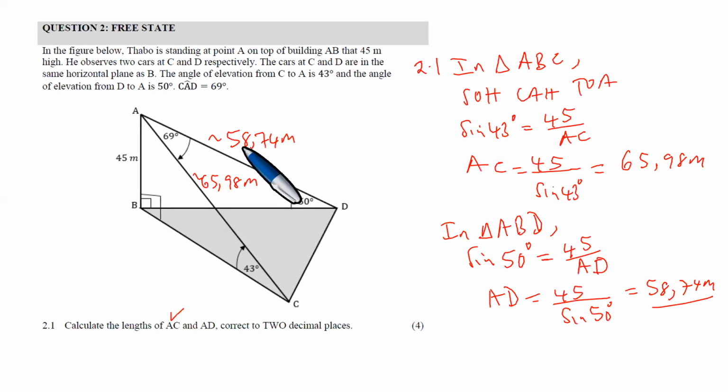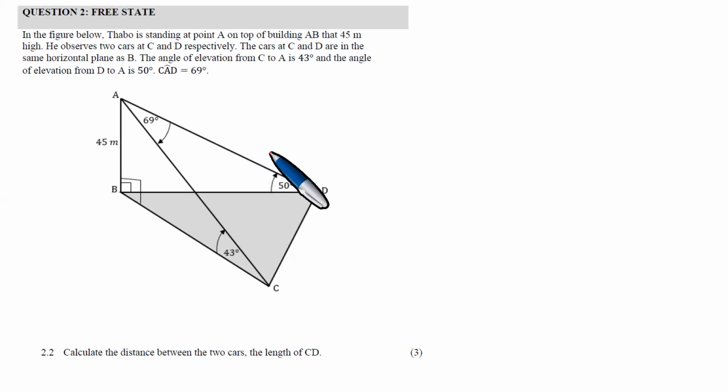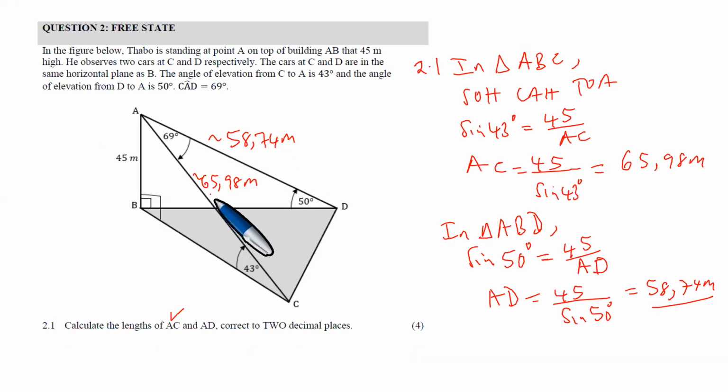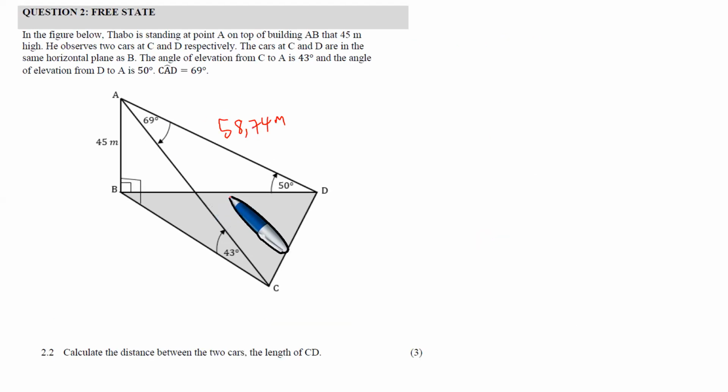We got this one to be 58,74 meters. Right, and moreover, we're able to get this one to be 65,98 meters, and we just need to find the length of CD over here.